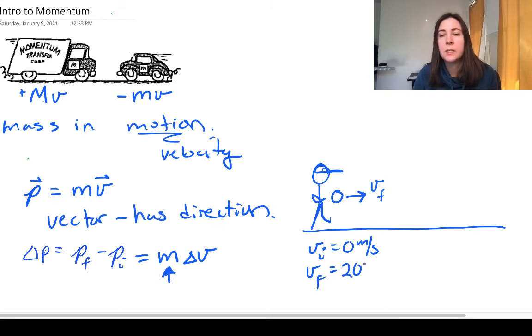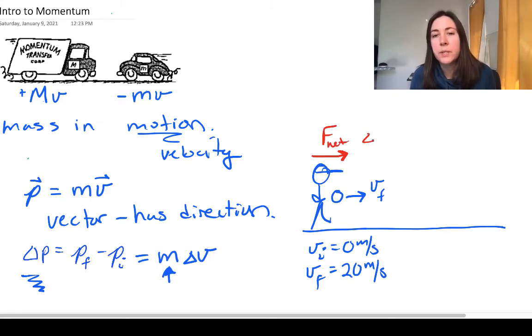And let's say he throws the ball with a speed of 20 meters per second. The direction of the change in momentum is going to be the same direction as the net force. And so this person applies a force to the right. That means the change in momentum, or delta P, will also be to the right, or positive.